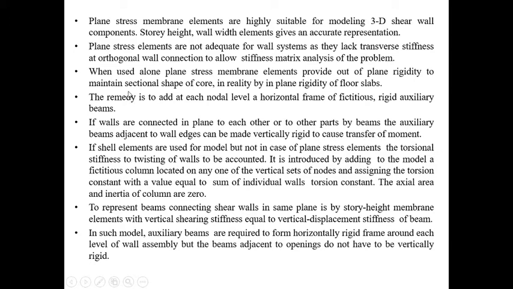Now, as I said, these were the membrane elements. Suppose shell elements are used for the model, but not plane stress elements, then the torsional stiffness to twisting of the walls has to be accounted for. It is therefore introduced by adding to the model an auxiliary column, as I showed there. The torsion constant will also be provided.